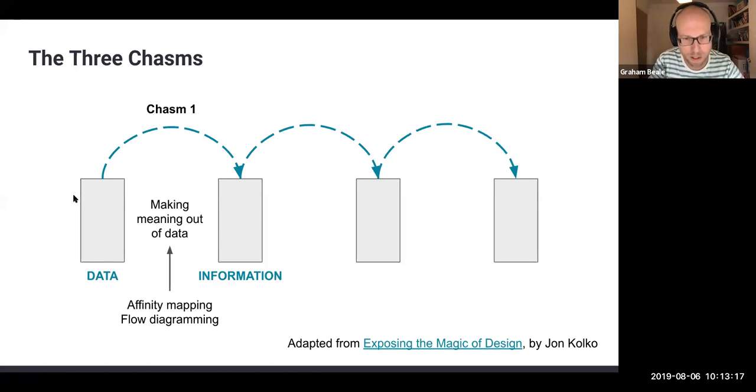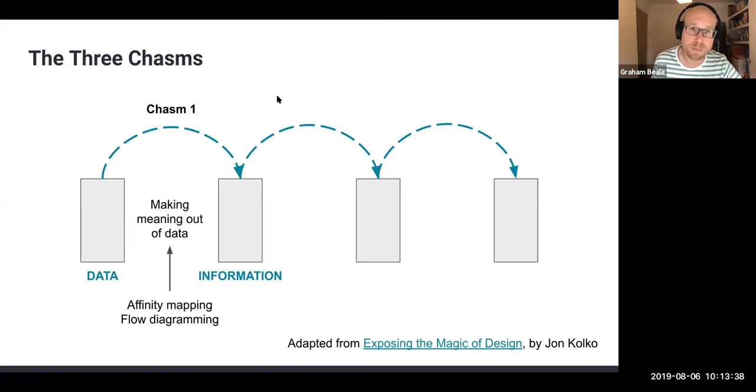So this is all about the understanding phase, making it simple, making it understandable to a wider target audience, making sure the whole team's aware of what that sentiment is. And this is where you start to use affinity mapping and flow diagram to start to bring this all out.